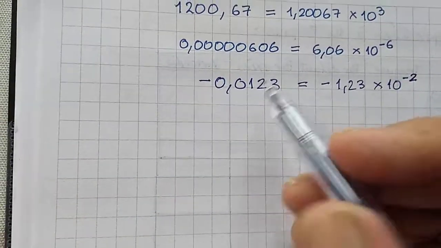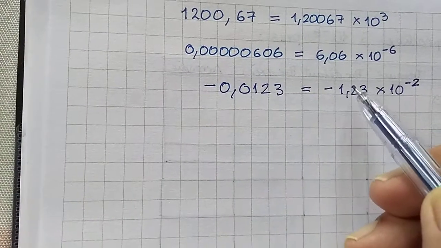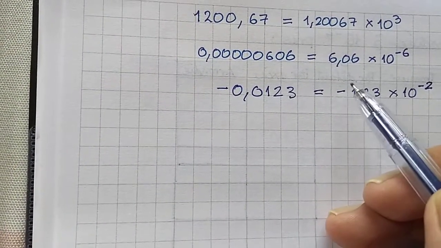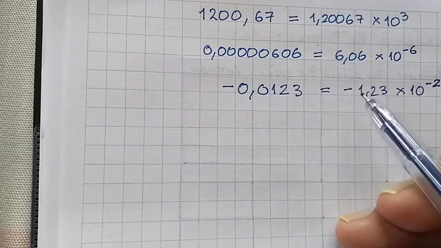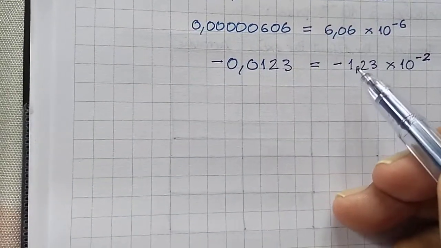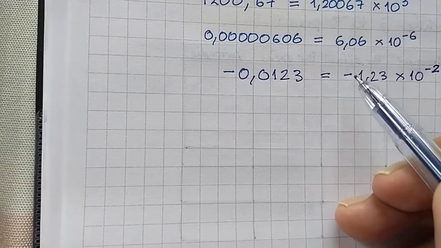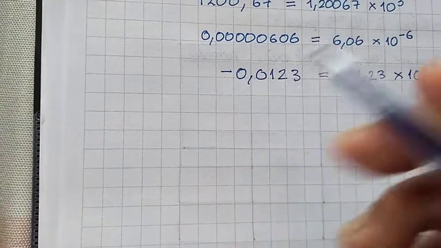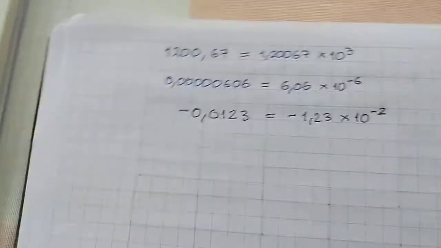So the minus sign doesn't make a difference. This is also scientific notation, because all it said was one digit before the decimal, and this decimal can be positive or negative.